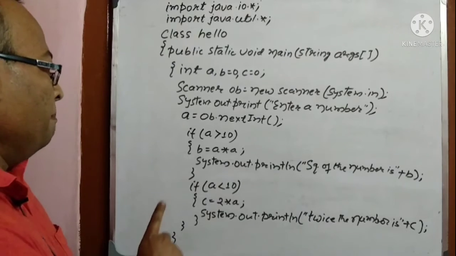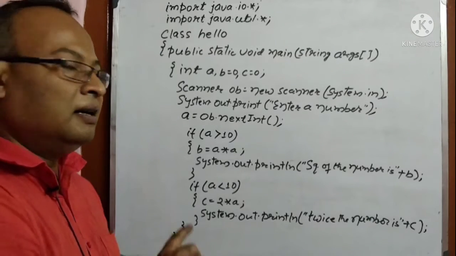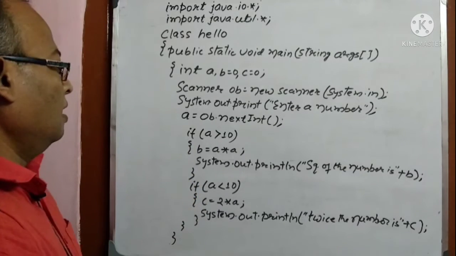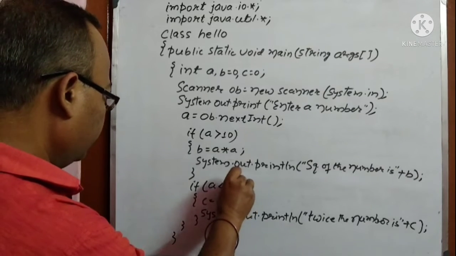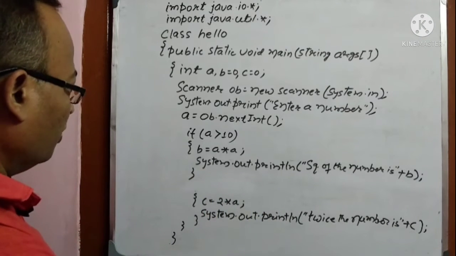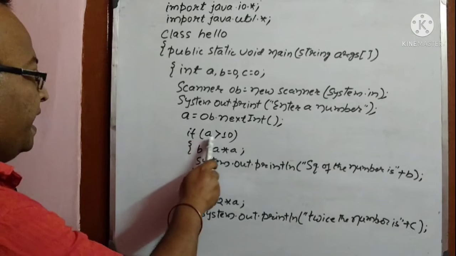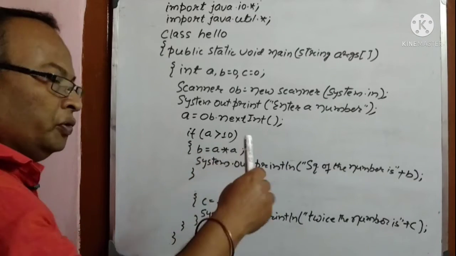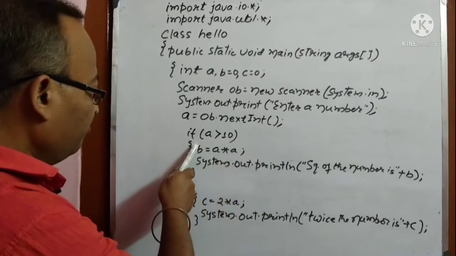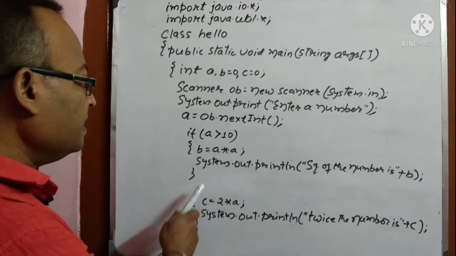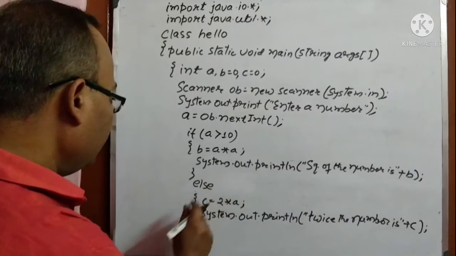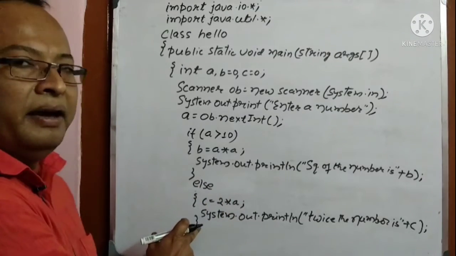Now I will just make a simple change and I will show you this same thing with if else. Just one line I will omit and it will work. If a greater than 10, that means during the runtime, if the user provides a value which is greater than 10, then this statement will be executed, else this statement will be executed.